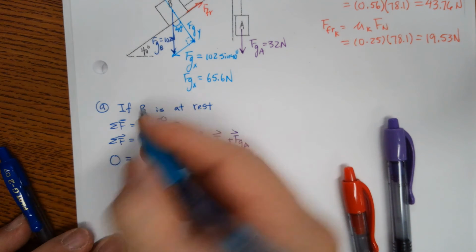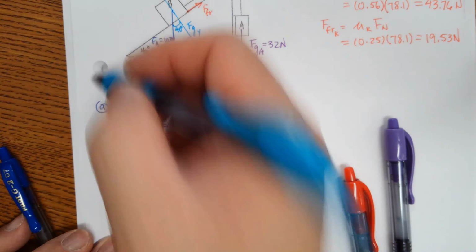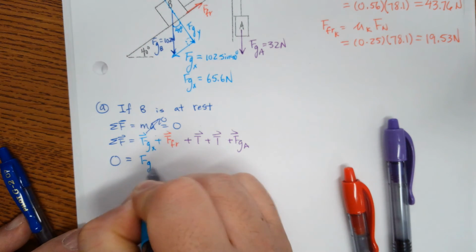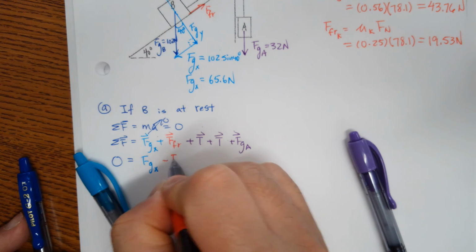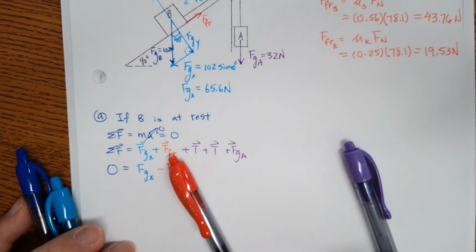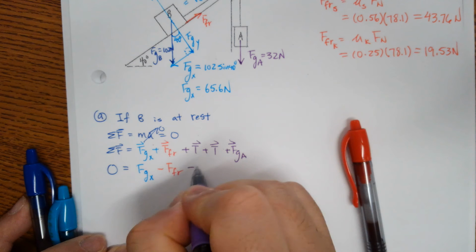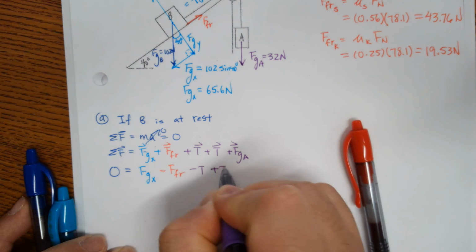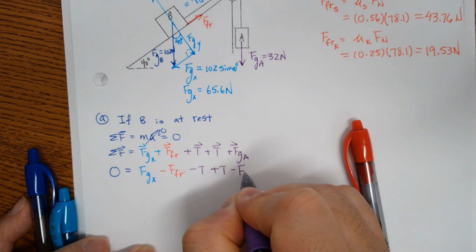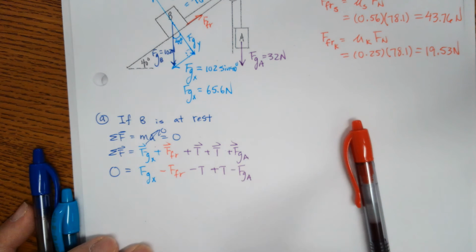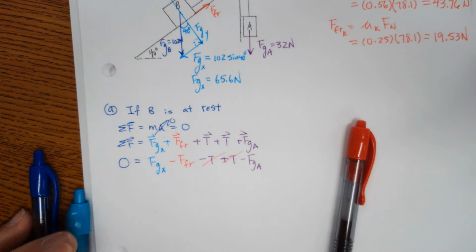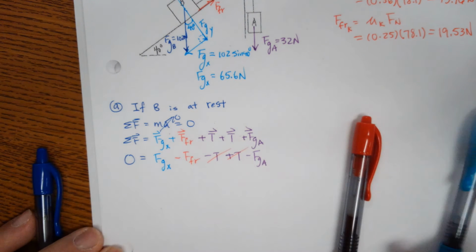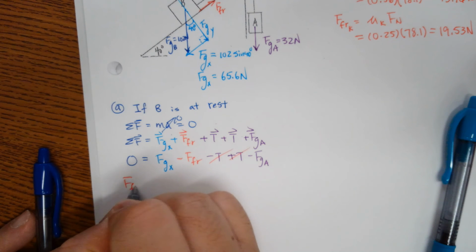Here, let's give directions. I'm going to consider the direction of intended motion to be positive. So FGX minus friction, minus tension, plus tension, minus FGA. Obviously these will cancel out. So let's solve for friction. How much friction is required to keep it stable?